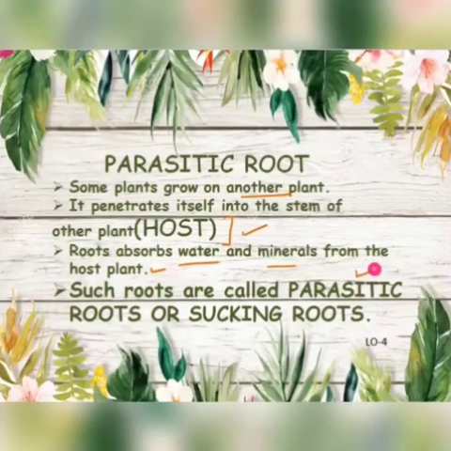As they absorb water from the other plant, such roots are also called parasitic roots or sucking roots. In this way, your next learning outcome has been achieved: you will be able to define parasitic roots and their role.